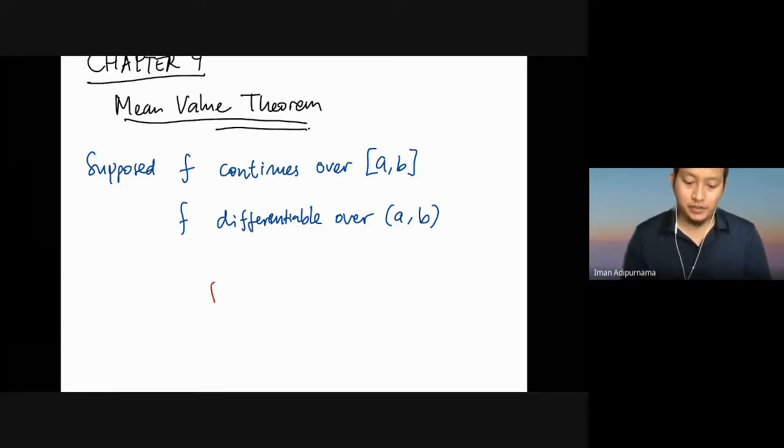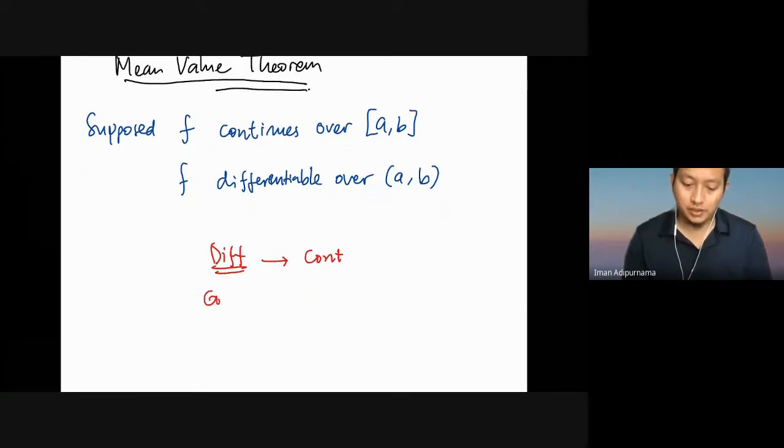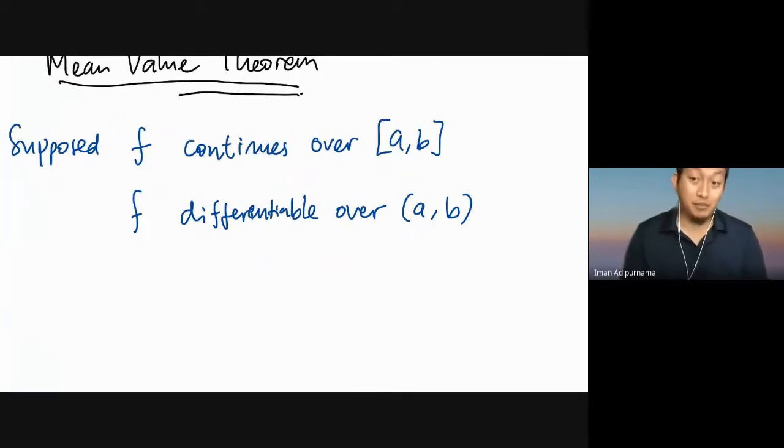If you have a differentiable function, it should be continuous, right? But if you have a continuous function, it's not always differentiable. That's why I write the differentiable part not including a and b, just saying that there is something differentiable between a and b. But for continuity, it will include a and b, to be involved.